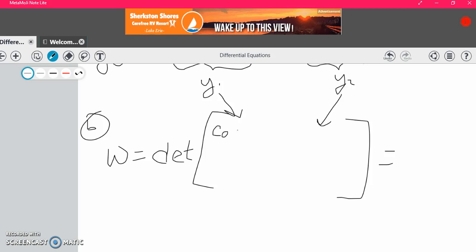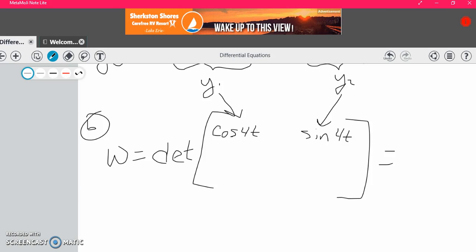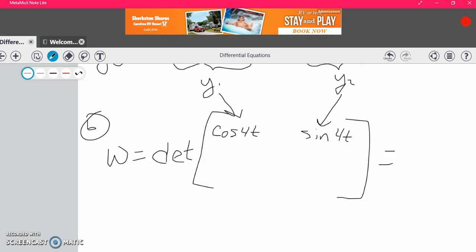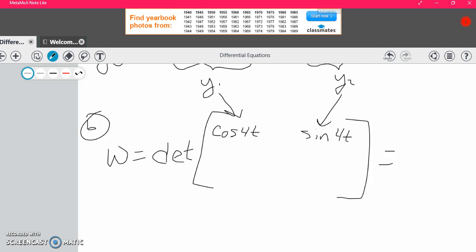So we have cosine of 4t, sine of 4t. Then we have to take the derivative of both of them, and then you get negative 4 sine of 4t, because the derivative of cosine is negative sine.